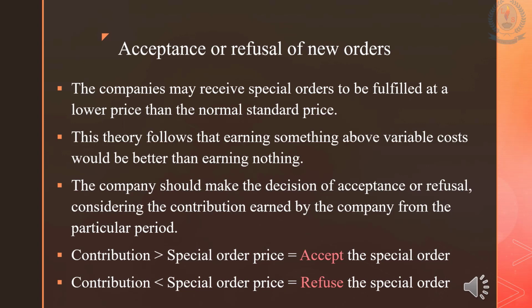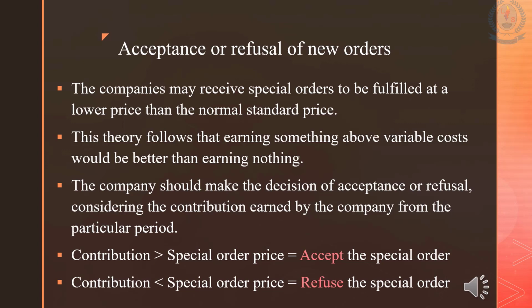In general, an order at below the normal selling price should only be accepted in the short term and when there is spare capacity within the business and it would not result in the refusal of orders at the normal price.